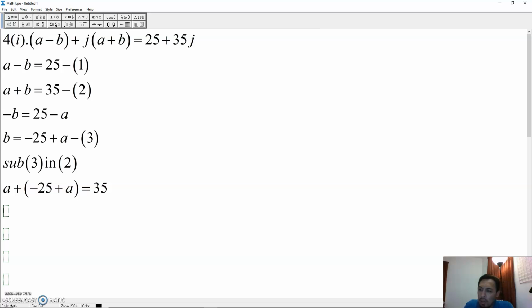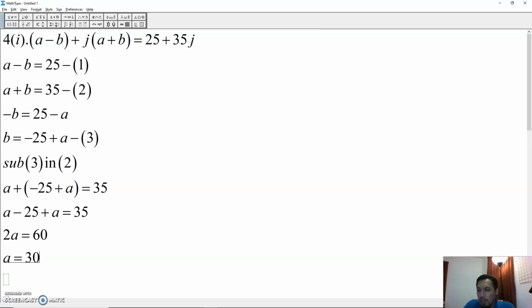If we expand, take out the bracket, we get 25 plus a equal to 35. So we have 2a equal to 60, and a is equal to 30.